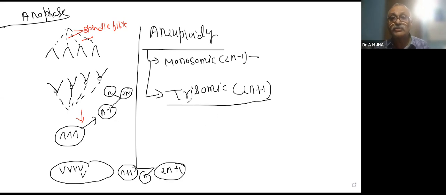This is called trisomy. Trisomy means 1 extra chromosome. Let me divide it. It can be of 2 types.